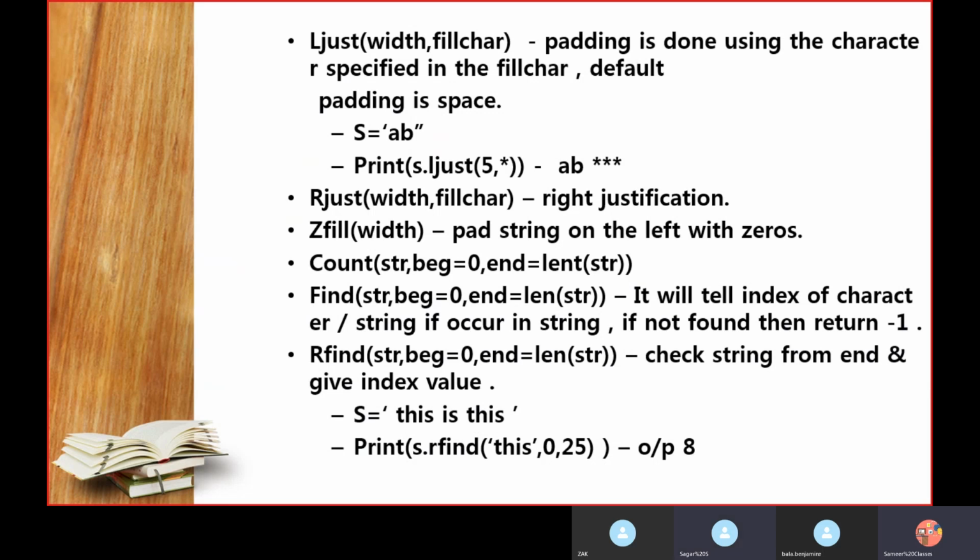Can you explain once more? Yeah, ask, Sagar. Can you explain once more? I didn't get that. No problem. There are two places this is written, isn't it? Can you tell me the index value of the first t? It is one, because zero is space, one is t.